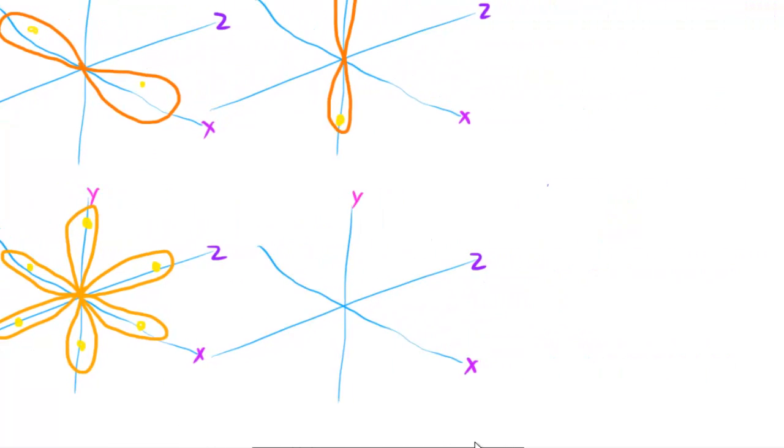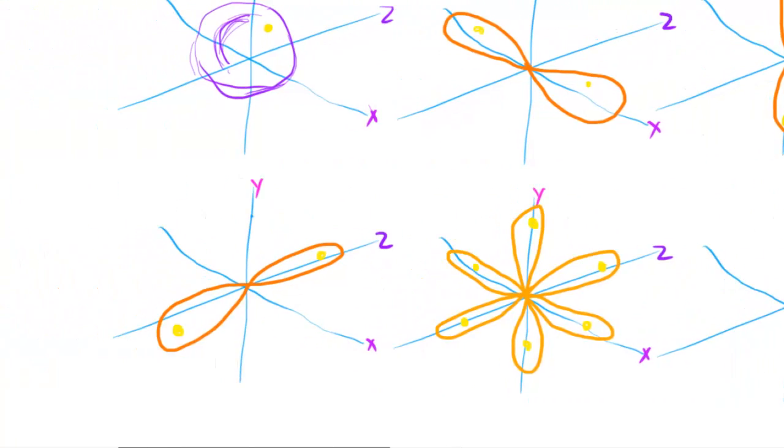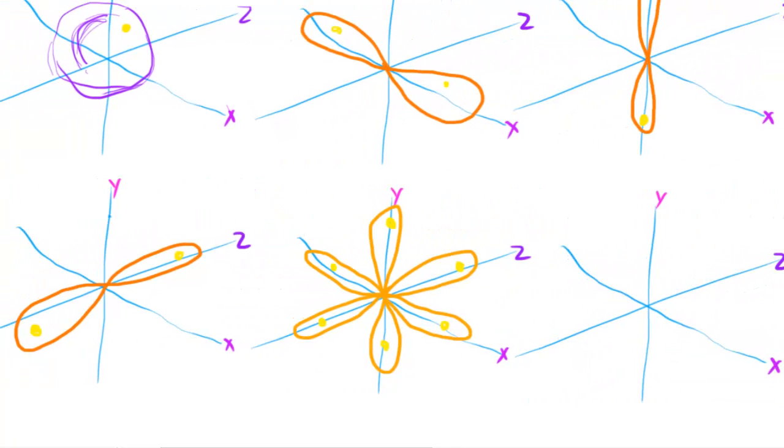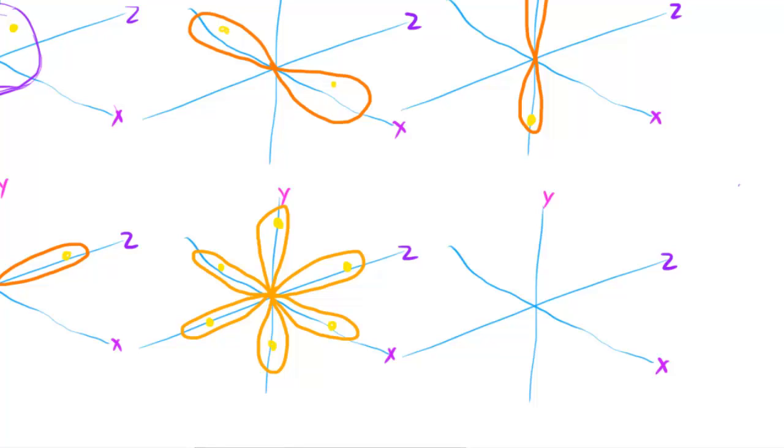Okay, so now if we were to take a look at what element has this arrangement. Let me take a look at my periodic table. Neon, 1 2 3 4 5 6. Yeah, neon has that.